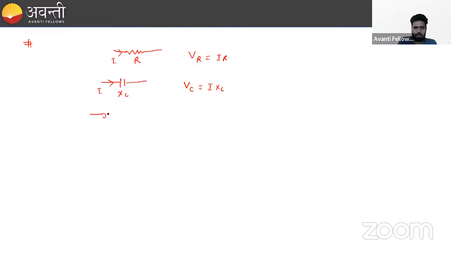In a similar manner, if we know this is our XL and the current, we can also write down VL, that is I into XL.